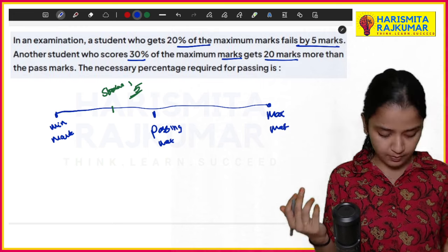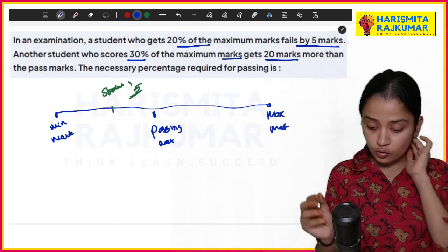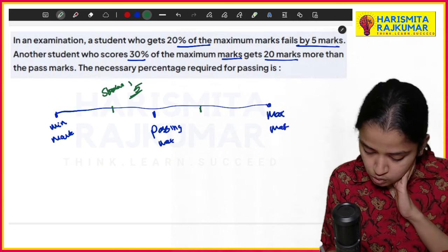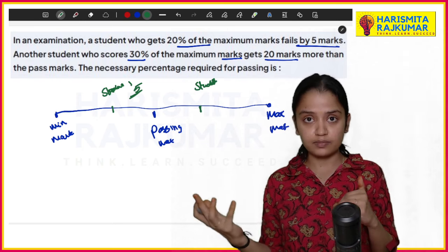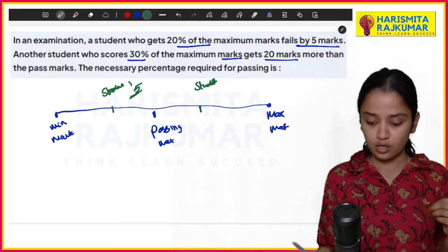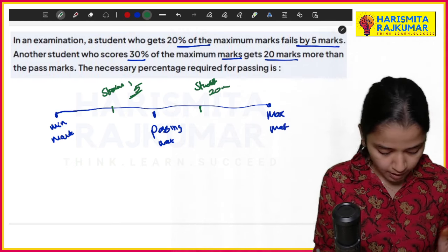Same way for student 2, he reached 30 percentage of the maximum mark and gets 20 marks more than the pass mark.